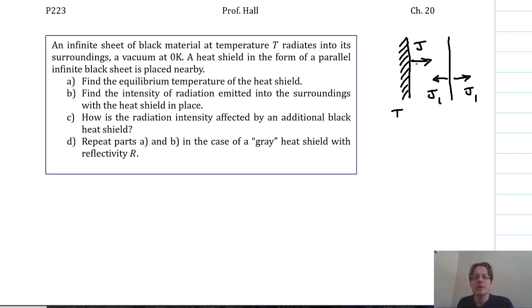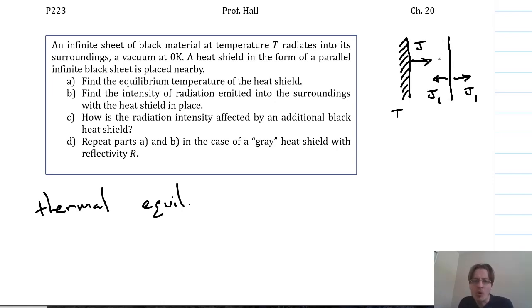Okay, so what do I do with these? Well, the key idea here is the idea of thermal equilibrium. You see, if the heat shield starts off at absolute zero, it's going to start warming up more and more and more. Why is it going to warm up?